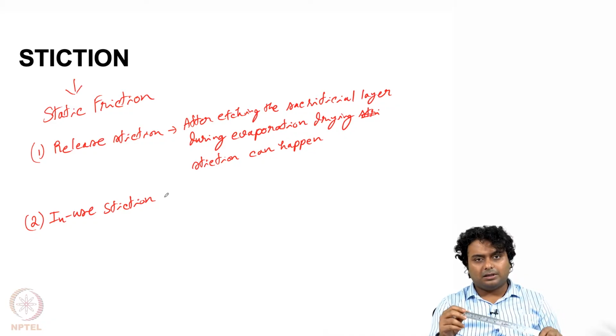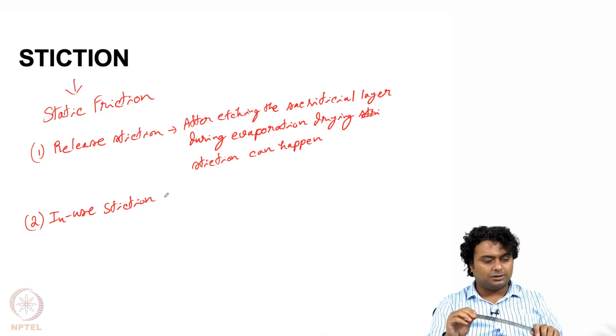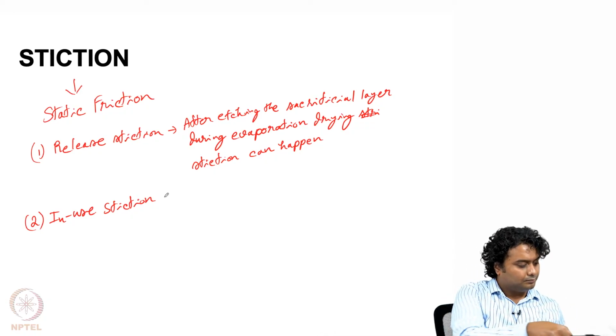So, this can happen because of some higher voltage, or let us say it suddenly gets some kind of shock and then it gets stuck to the substrate. That is also possible.